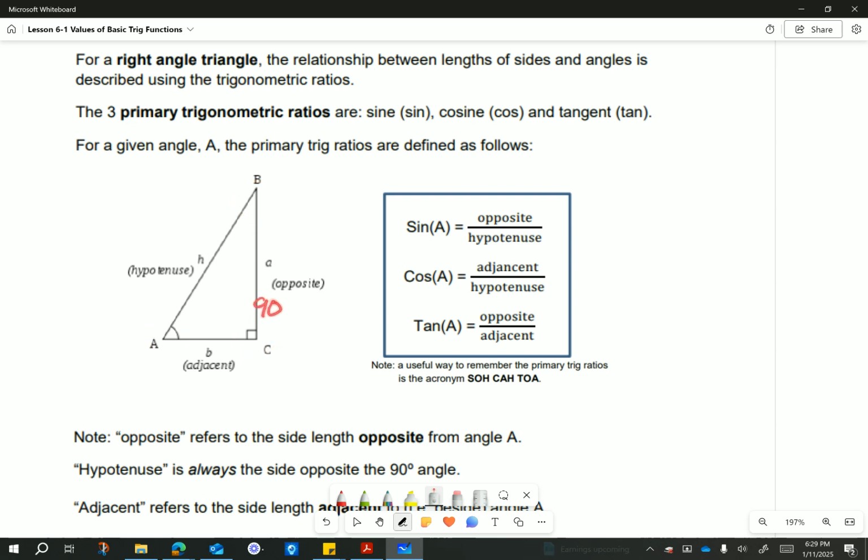So if this one's 90 degrees, the two others have to sum to a 90-degree value. Those two angles are always going to be acute. In other words, they're going to be less than 90 degrees.